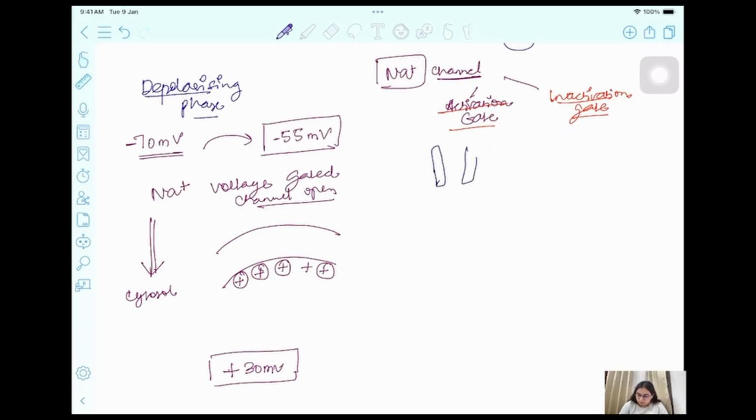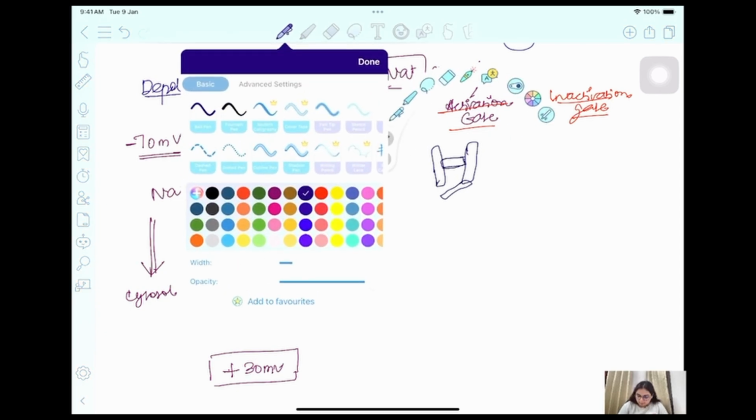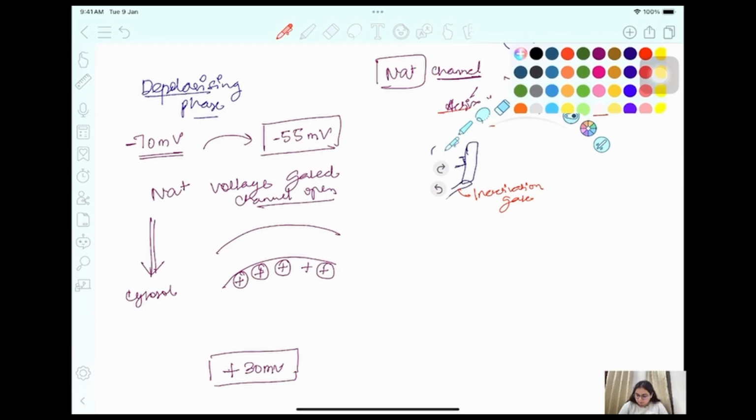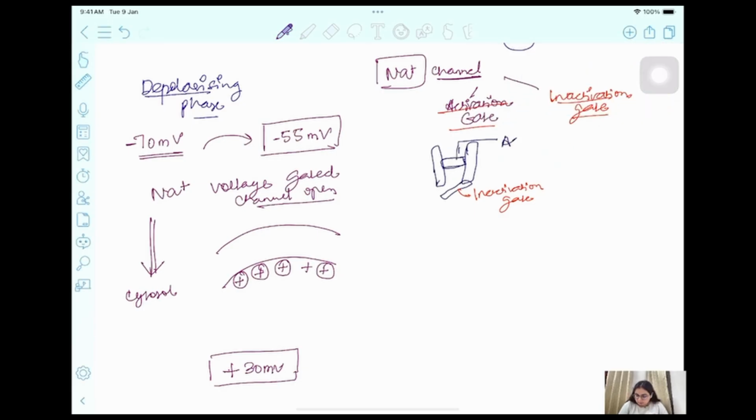This is the structure of the voltage gated sodium channel. Then this is the inactivation gate and this is the activation gate. This is the inactivation gate and this is the activation gate.